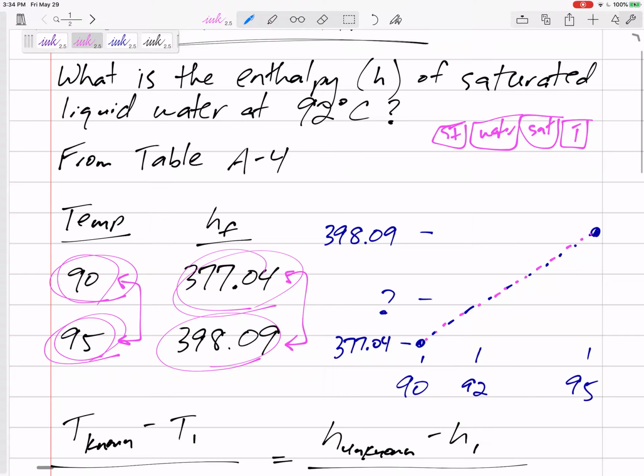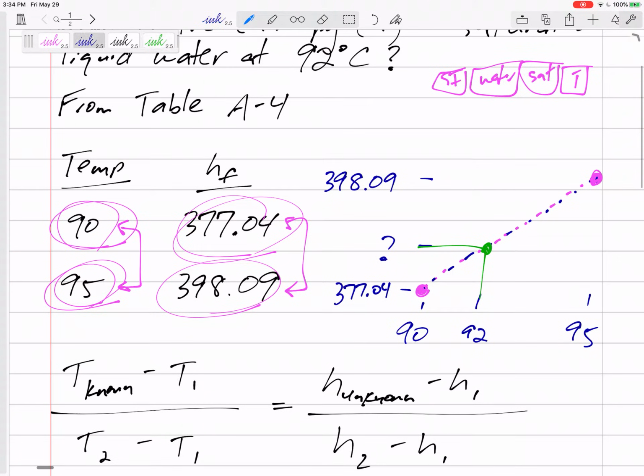And so if we know this point down here at 90 degrees is 377.7, then this point right here at 95 degrees is 398.09, and then we're just trying to find, okay, so what is this value right here? You could do similar triangles.